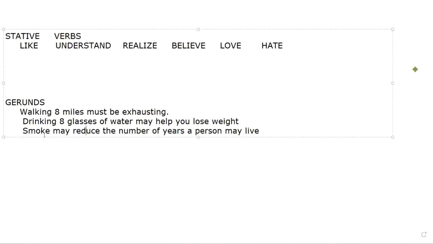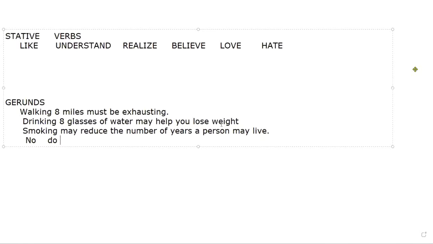Well, okay. But in this case, my verb form is incorrect again, because if I am going to begin my sentence with a verb, I must do it with a gerund. So could anybody please tell me the appropriate form? Smoking. Right. Smoking may reduce the number of years a person may live. We are not very sure. Even if you do it in the negative, let's suppose, not exercise.